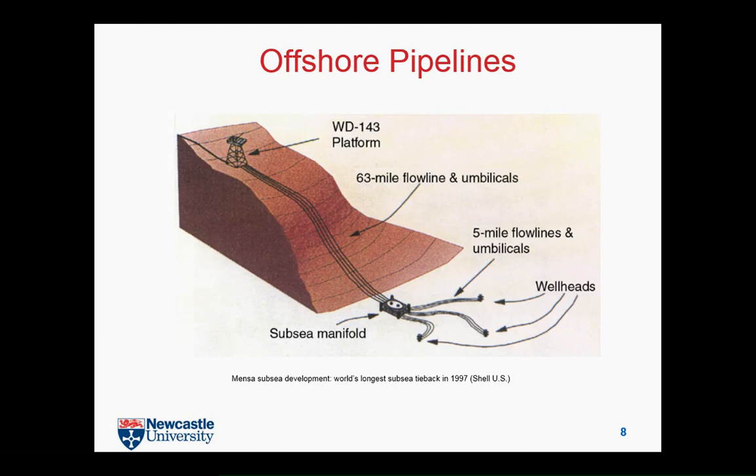But now in some modern projects, we put a very, very small separator just on the seabed, and just after we have the products, we do the separation. We drain the water directly and transport oil and gas to the sea surface. So in that case, we can save a lot of energy. And the design of the separator is another very good topic.